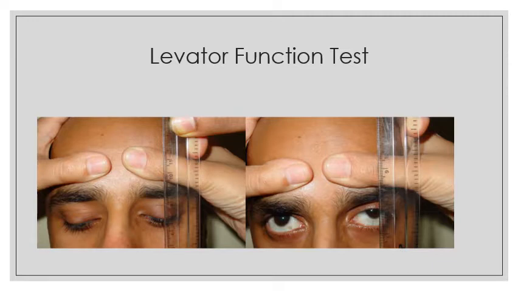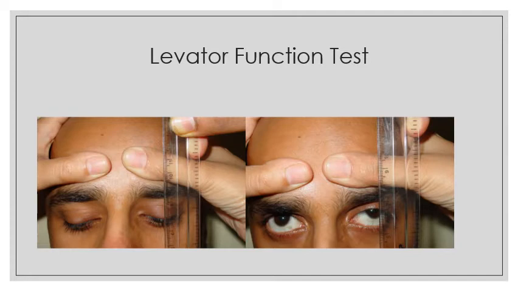How to test for the levator muscle function? This test is needed in cases of ptosis. First, ask the patient to look downward. Put your thumb on the patient's forehead to prevent any brow action or use of the frontalis muscle to elevate the eyelid.